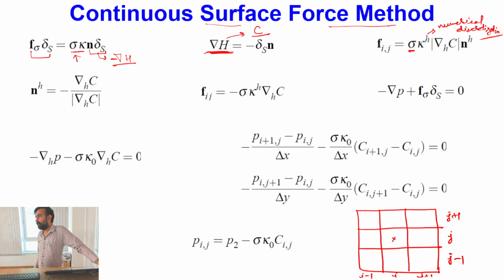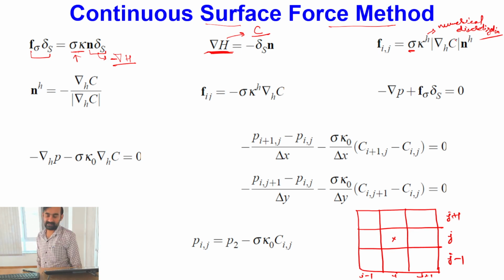This point is clear because we know that the formula for curvature can be simply written in terms of the divergence of the normal vector. Okay, curvature is nothing but the divergence of the normal vector. Now, the divergence of the normal vector will be del nx by del x plus del ny by del y for a two-dimensional system. Okay, so del by del x and del by del y are the partial differential operators.